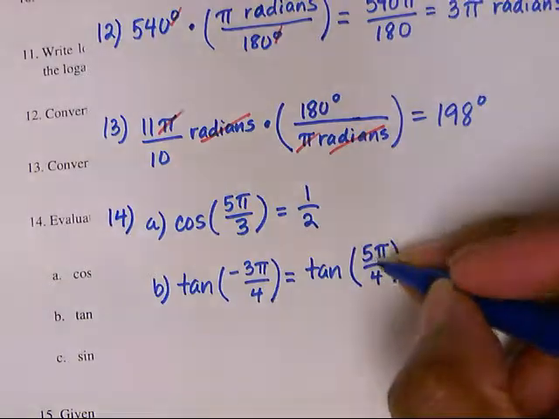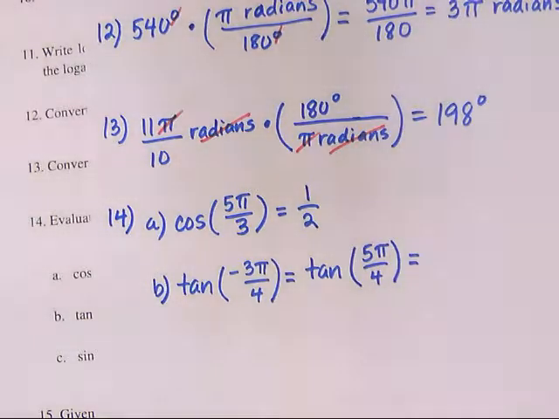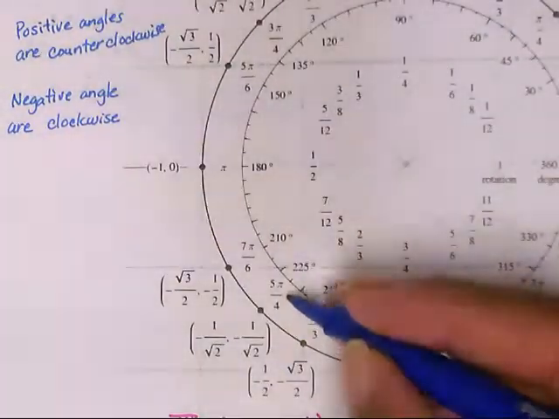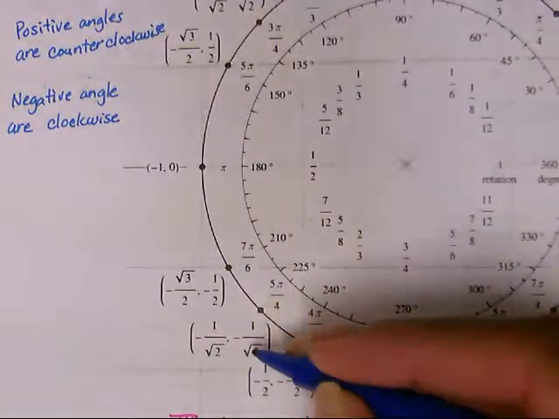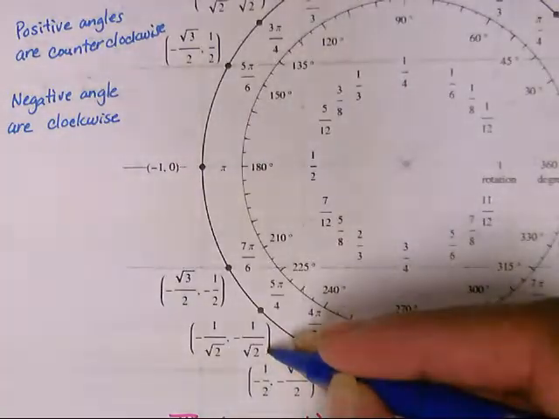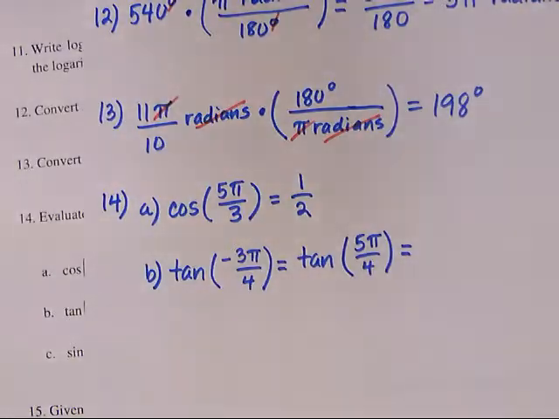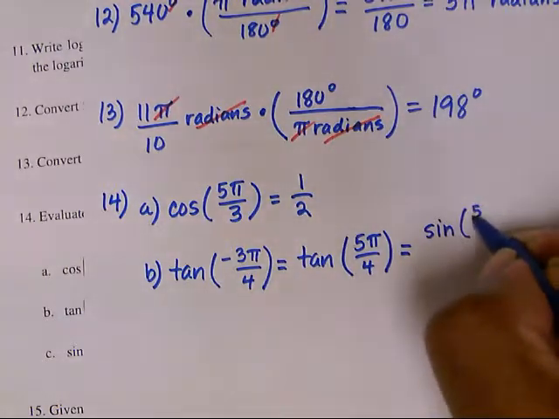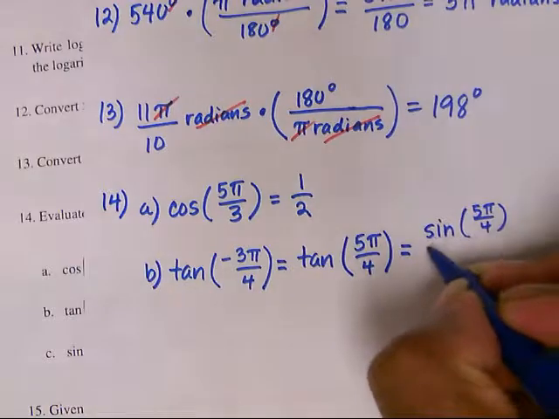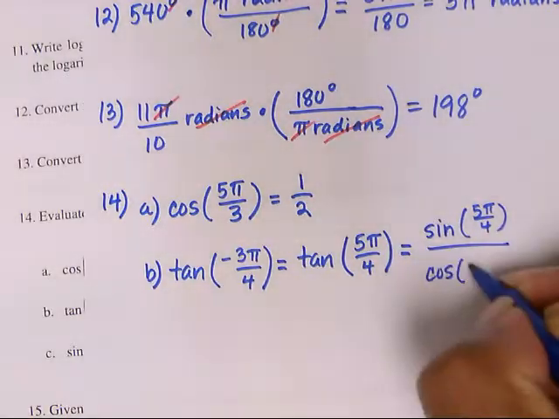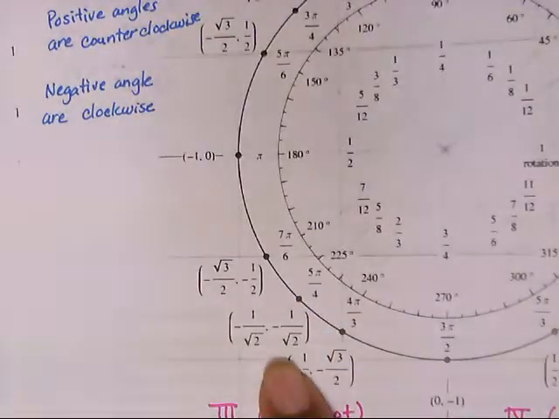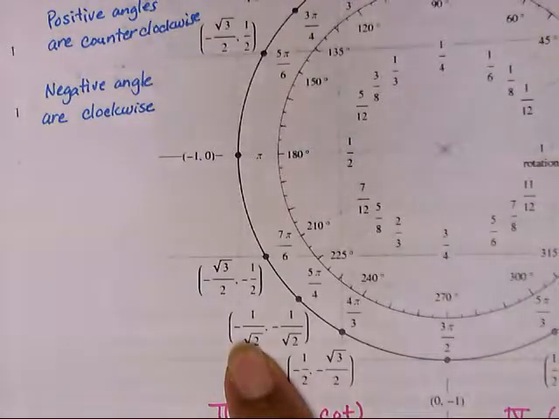Here we go, 5 pi over 4. That's the cosine and that's the sine. And I know tangent is sine over the cosine. So if I do the sine of 5 pi over 4 and the cosine of 5 pi over 4. Now for 5 pi over 4, the sine is negative 1 over the square root of 2.